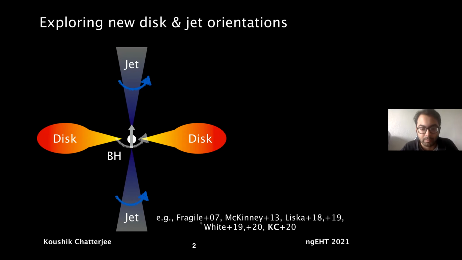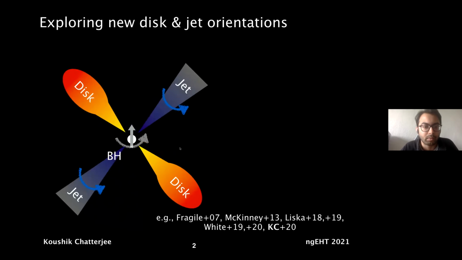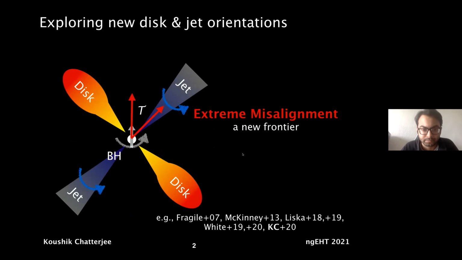Beginning with Fragile et al. 2007, there was the start of an exploration of what happens when the disk and the black hole spin axis are misaligned, what kind of geometry of flows you produce, and overall what kind of images.